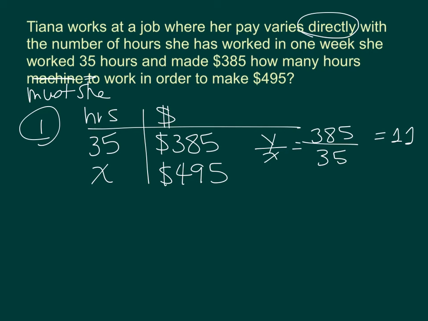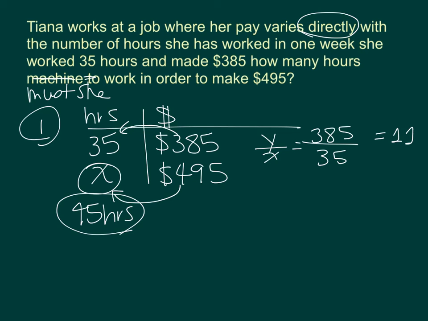Basically 385 divided by 11 is 35, so I can do the same thing and divide 495 by 11. And I get 45. So I have to work 45 hours.